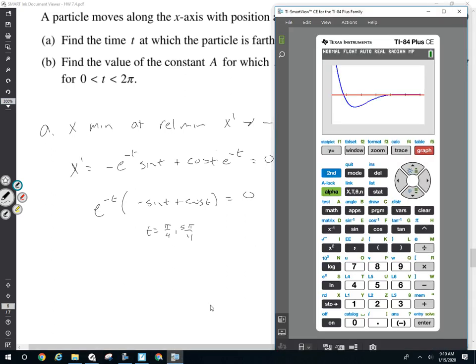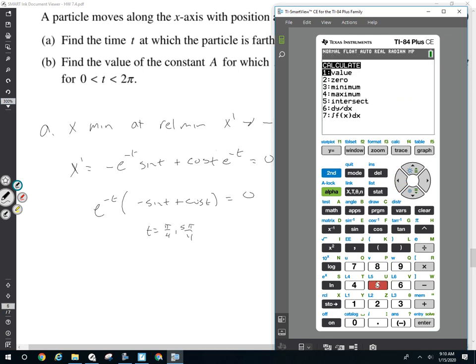If you find your intersection, second calc, intersect, up over to this guy, enter, enter, enter. 0.785, that's pi over 4. Yep.